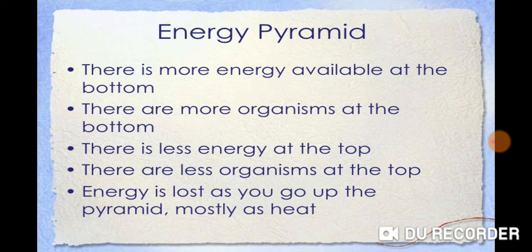At the bottom, more energy is available and more organisms are present, whereas less energy and fewer organisms are on top of the pyramid. So energy is getting lost, released in the form of heat. This is known as the pyramid of energy.